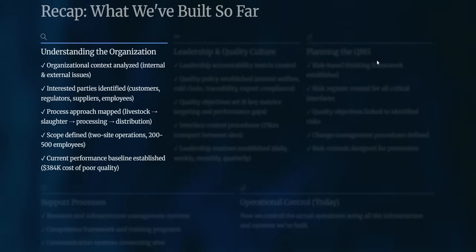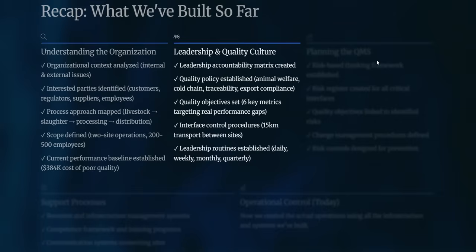And the causes of poor quality. Then in Module 2, which is leadership and quality culture, we have covered the following. We have created leadership accountability metrics. We have established a quality policy that covers animal welfare, cold chain, traceability, and export compliance.